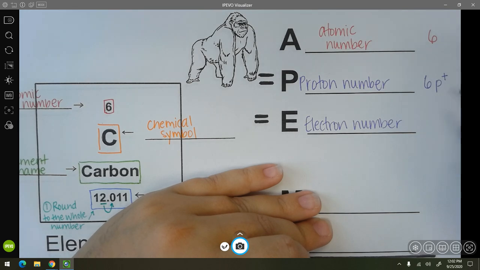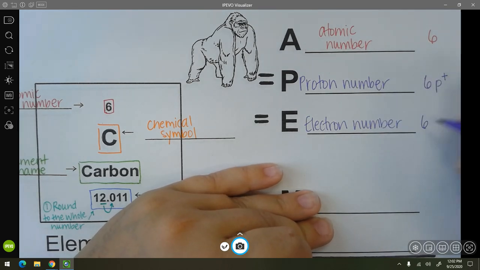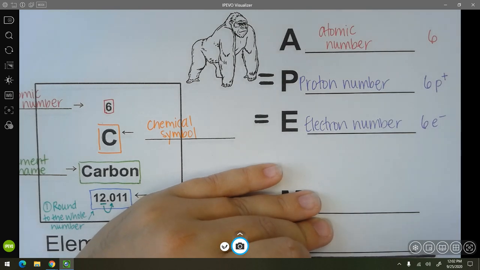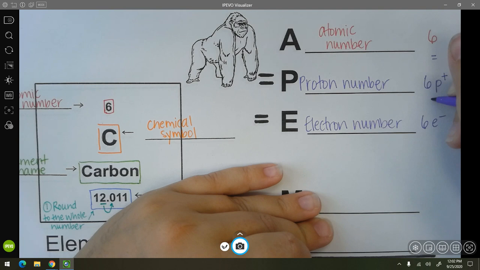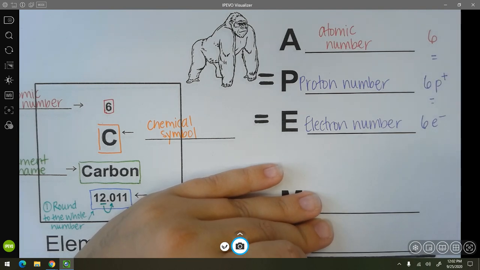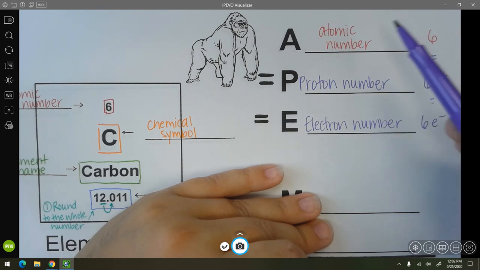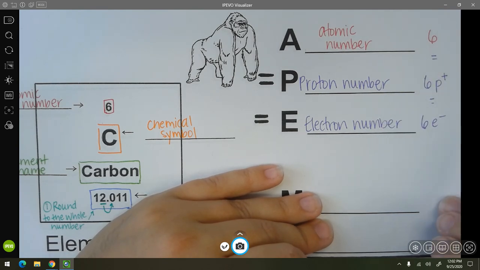Just a little P with a plus sign on top of it means protons, and there are 6 electrons, okay? So 6 equals 6 equals 6. That's how you can find the number of protons and electrons from the atomic number.